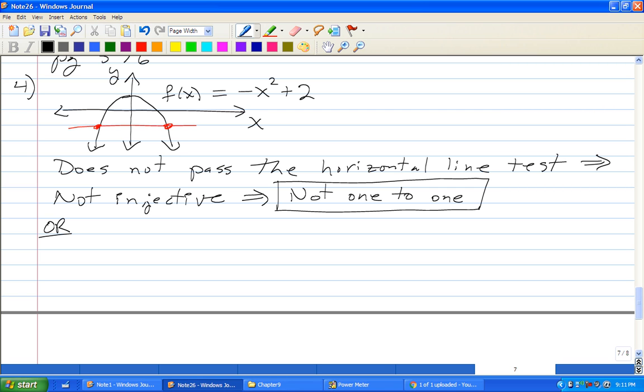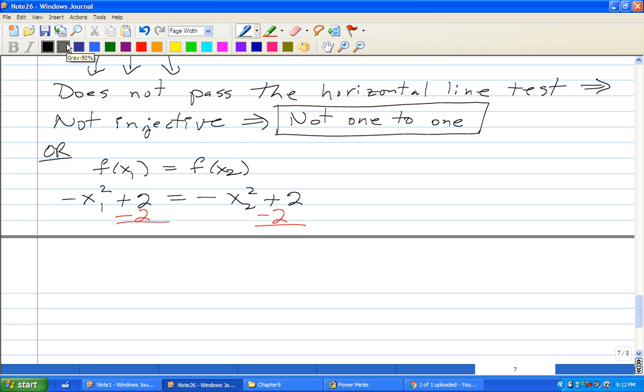So, suppose that f of x1 is equal to f of x2. Then that says that negative x1 squared plus 2 is equal to negative x2 squared plus 2. Subtract 2 from both sides. So negative x1 squared is equal to negative x2 squared.